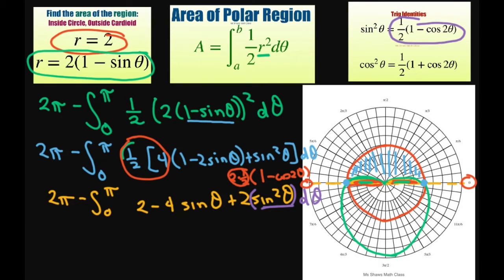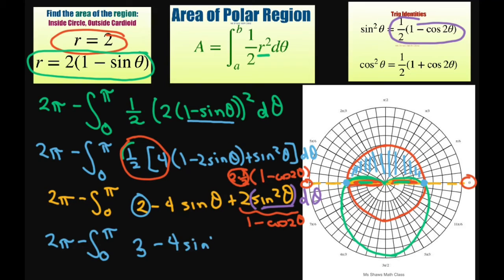So this whole thing is going to equal 1 minus cosine of 2 theta. Therefore, my final integral is going to be 2 pi minus the integral from 0 to pi of, it's going to be 3 now. So we're going to add these two, 3 minus 4 sine of theta minus cosine of 2 theta d theta.